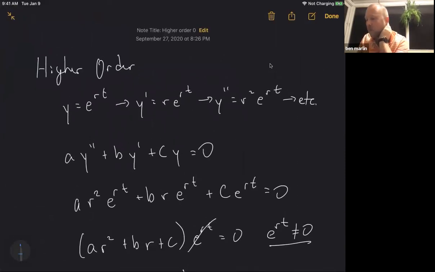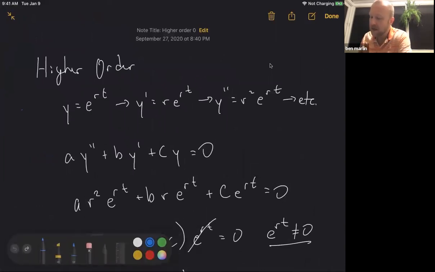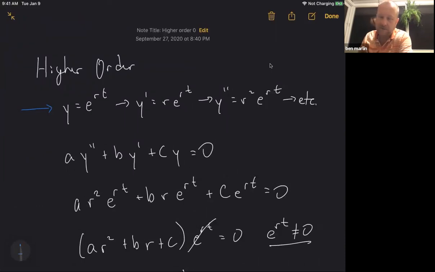When we look at these higher order equations, first we're going to think about higher order equations like this, where the coefficients are constants, not functions. And so we make the guess, it's not just a shot in the dark, but it's sort of a guess, that the solution to these equations should be something of the form y equals e to the rt.